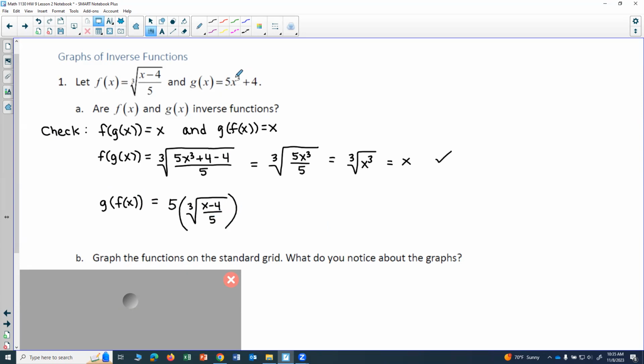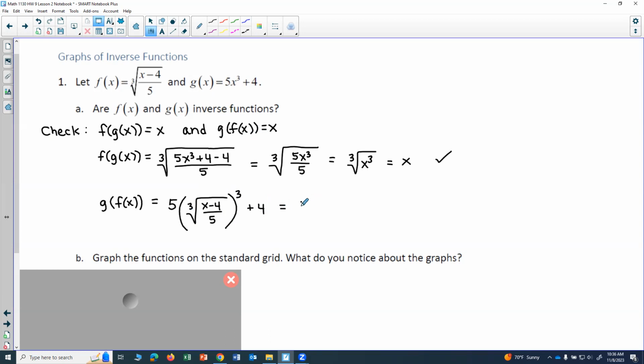And in my g function, that variable is cubed, so I'm going to put a cube up here, and then plus 4. So I plugged the f function into the variable in my g function. And now I want to simplify.